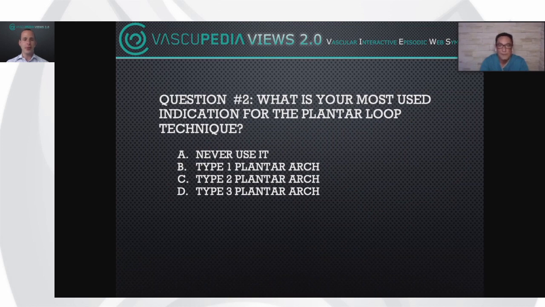Answer A, never use it. Answer B, type 1 plantar arch. Answer C, type 2 plantar arch. And answer D, type 3 plantar arch, with all the different classification that August has explained to us. So please vote, let us know what you think, and let's discuss the results at the end of the presentation. August, the microphone is yours again.